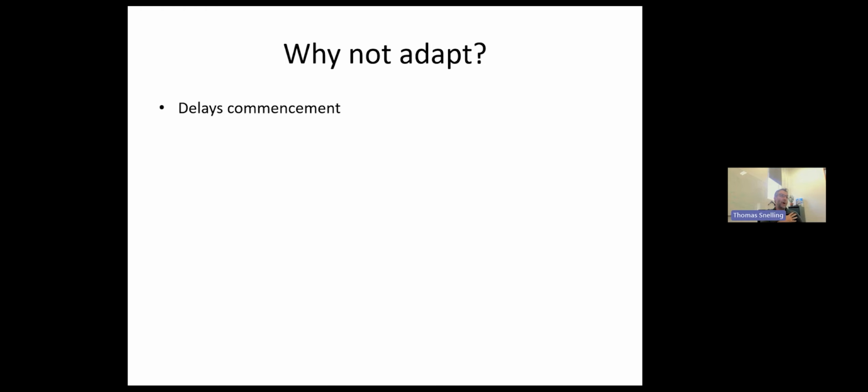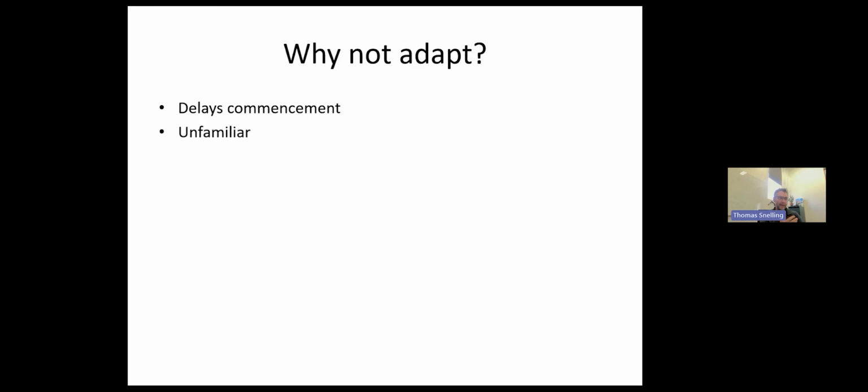What are the reasons for not adapting in a trial? An important one is that typically the planning that needs to go into planning adaptations delays the commencement of the trial.